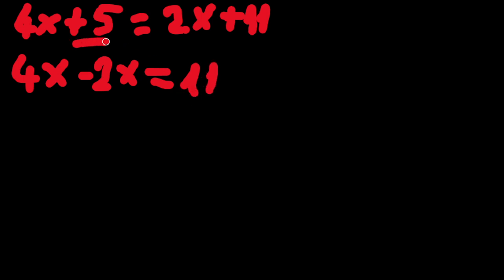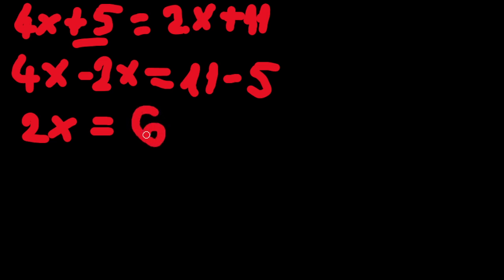And now plus 5, when we bring it to the other side, to 11, it's going to be a minus 5. So 4x minus 2x is going to be 2x, equals 11 minus 5, equals 6.